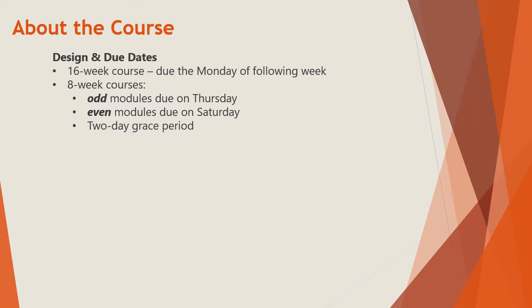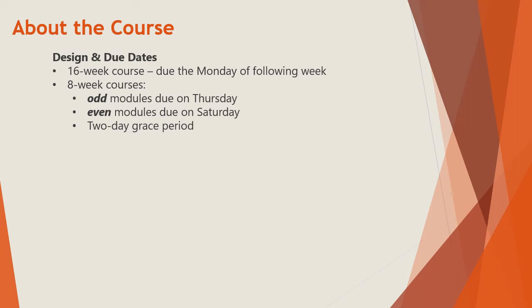All of your assignments have due dates in them, so you'll be able to see that, but this is just a general guide. The even modules are due on Saturday of that week. So Module 1 is due on Thursday of week 1, and Module 2 would be due on Saturday of week 1. In these shorter periods, I give a 2-day grace period. If you haven't finished all of Module 1 by Thursday, you have until Saturday to get those assignments in.